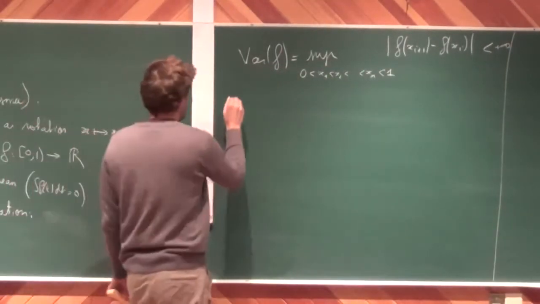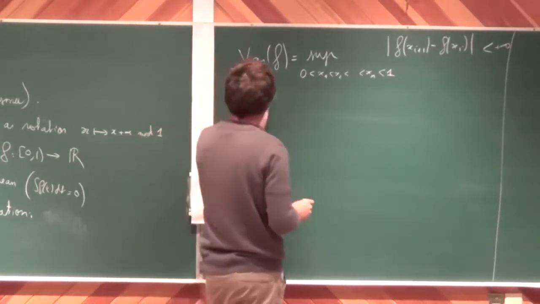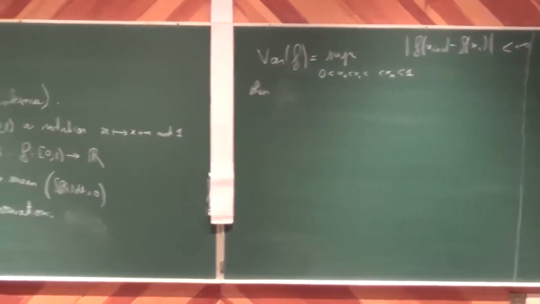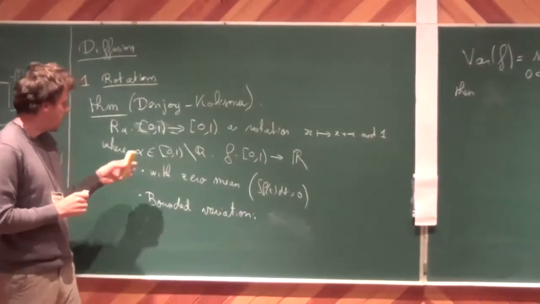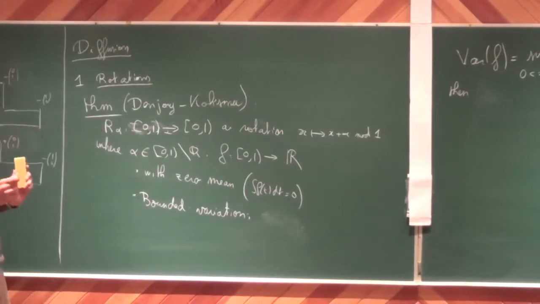And what is the conclusion? The conclusion is that at very specific times you are able to control the Birkhoff sums of f. And here the rotation is very special because all points behave the same.